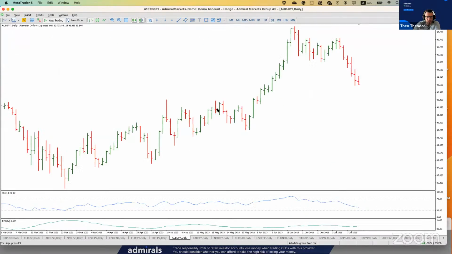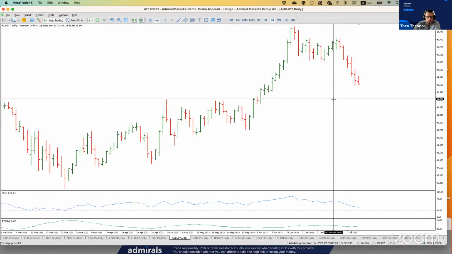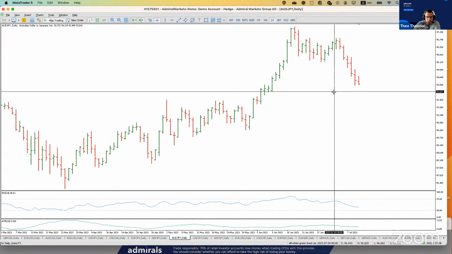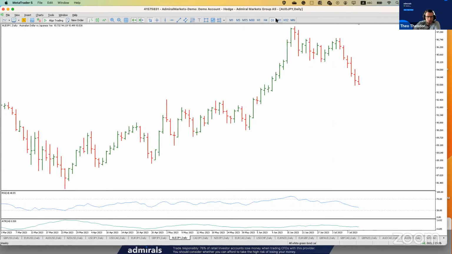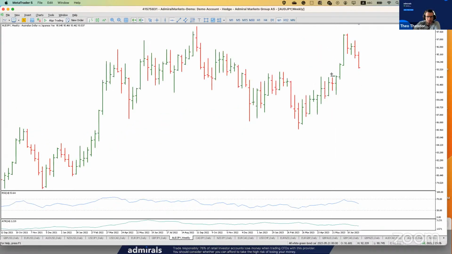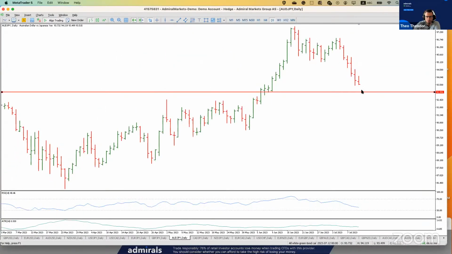Australian dollar, JPY, same. The next strong support I see is somewhere here, an inside one, and very promising. Market can move a bit lower, to be honest. Let's see what's going to happen.